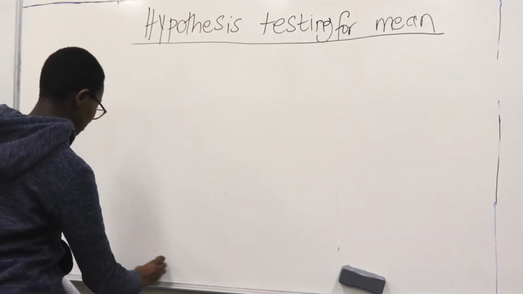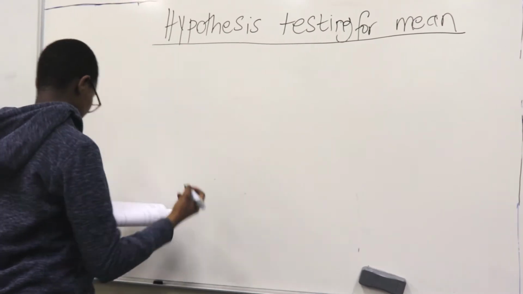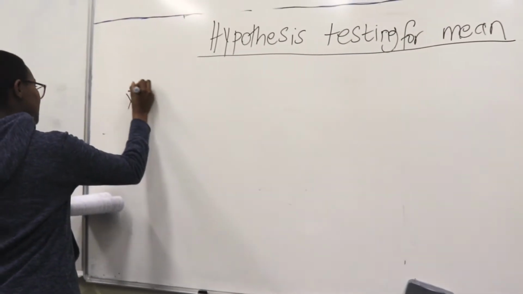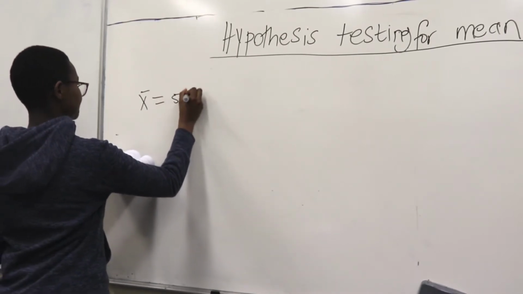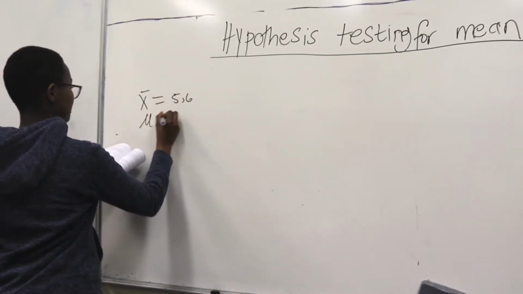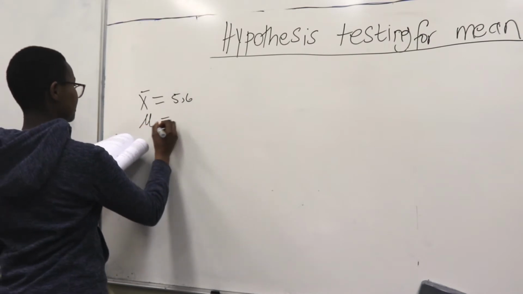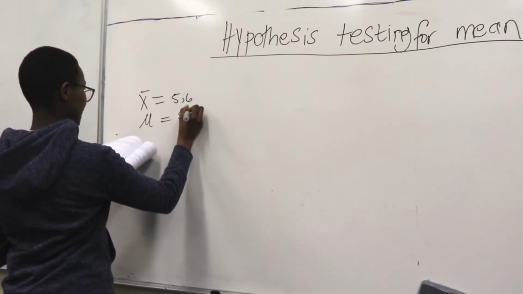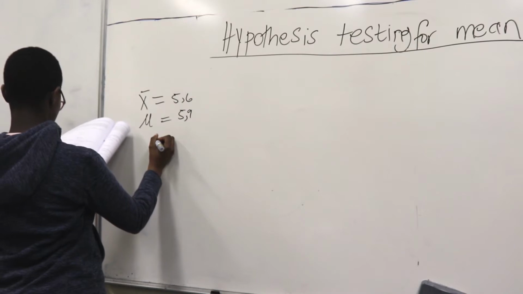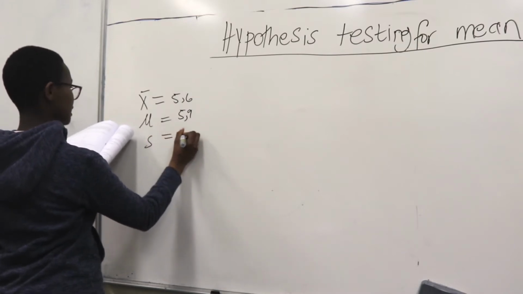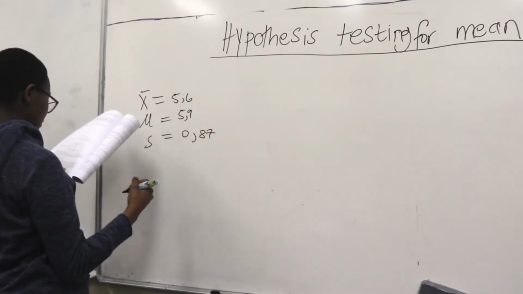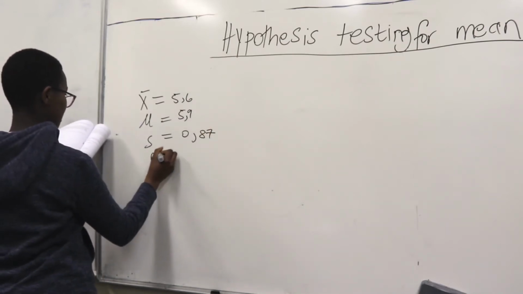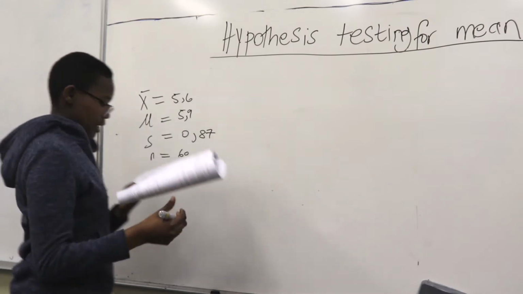So you first write what you have. Our X bar is 5.6 and the population mean is 5.9 and the standard deviation is 0.87. Then we continue with the question, and our n is 60.